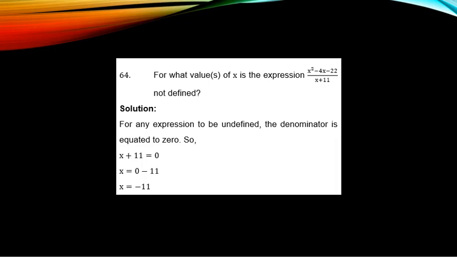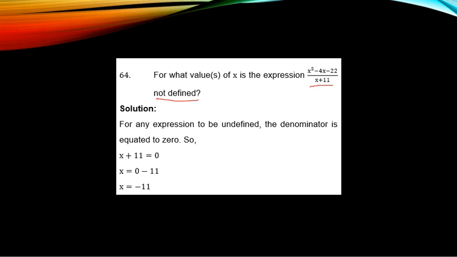Example 64. For what value or values of S is the expression S squared minus 4S minus 22 over S plus 11 not defined? That is, undefined. Now, before the solution, let's use common sense.